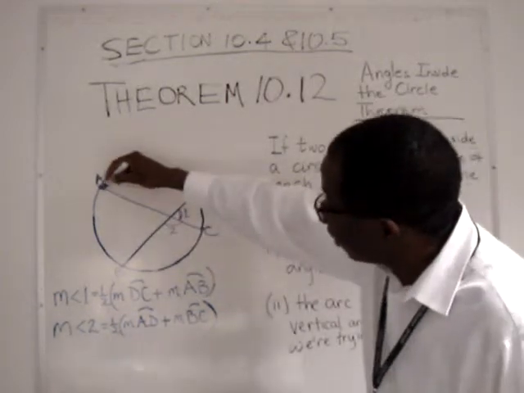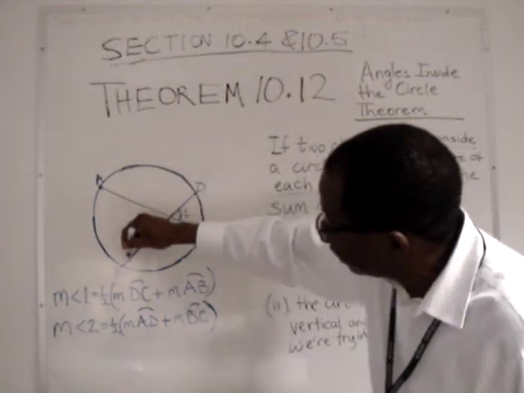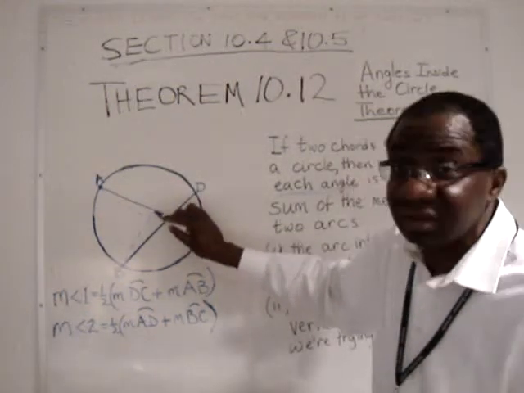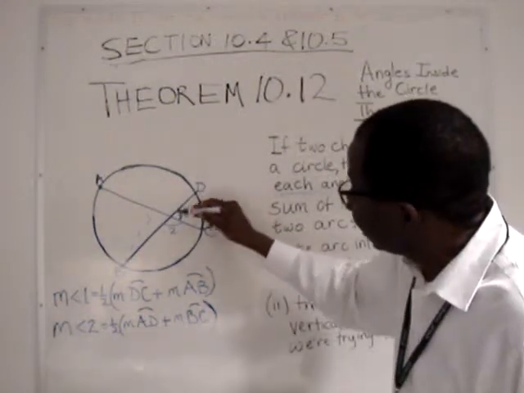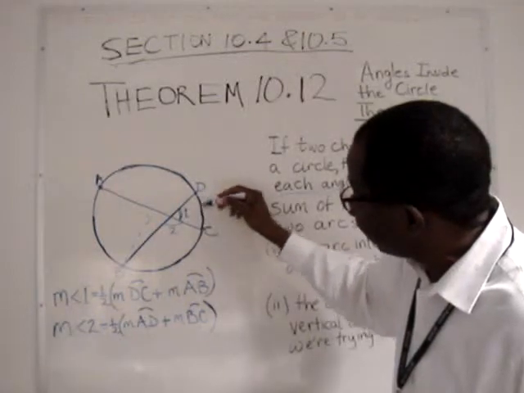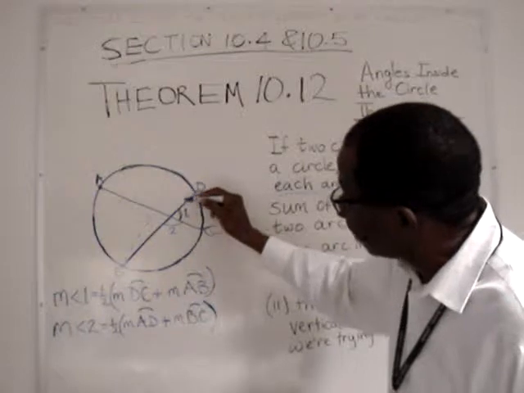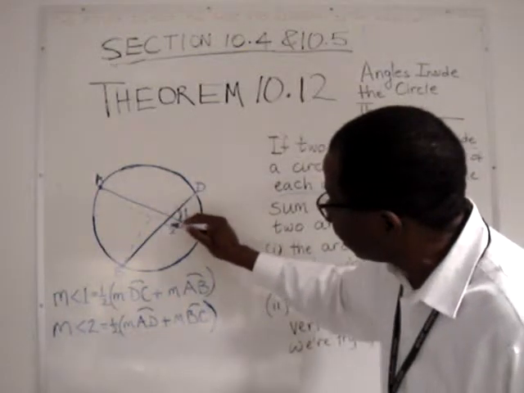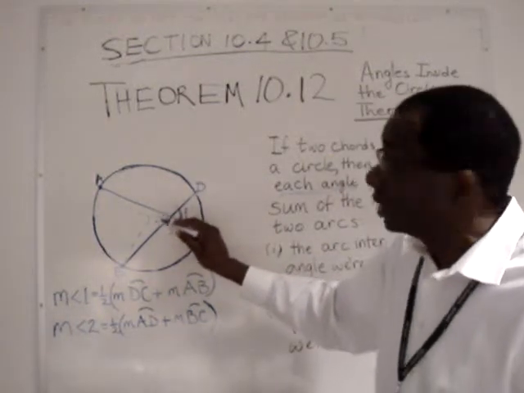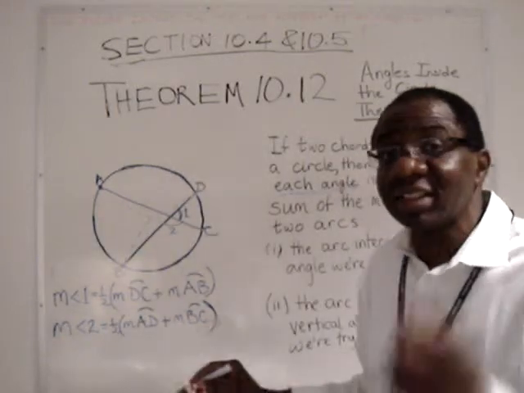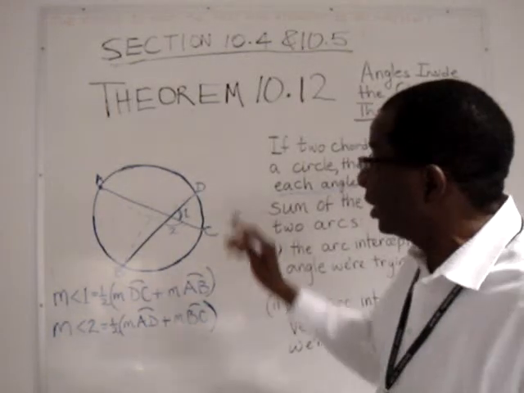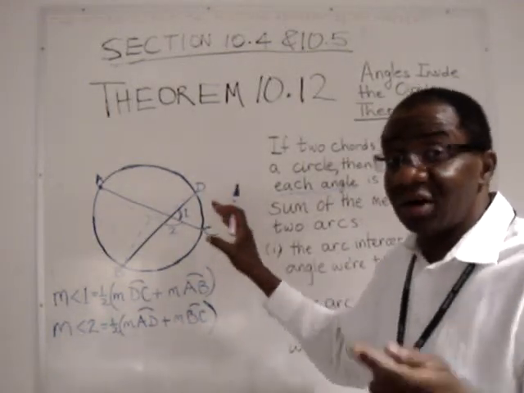The measure of this arc comes back to the center of the circle. The measure of this arc is not this angle 1. The measure of this arc goes back also to the center of the circle. So the measure is the central angle for each of these arcs.